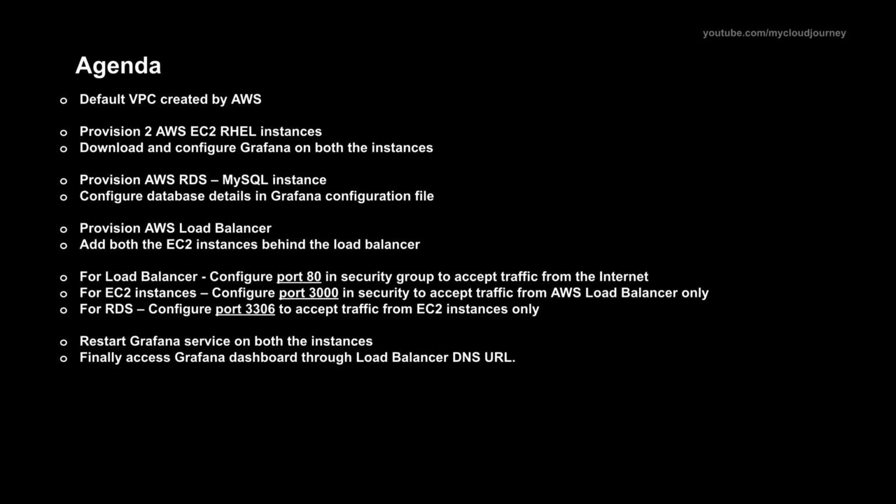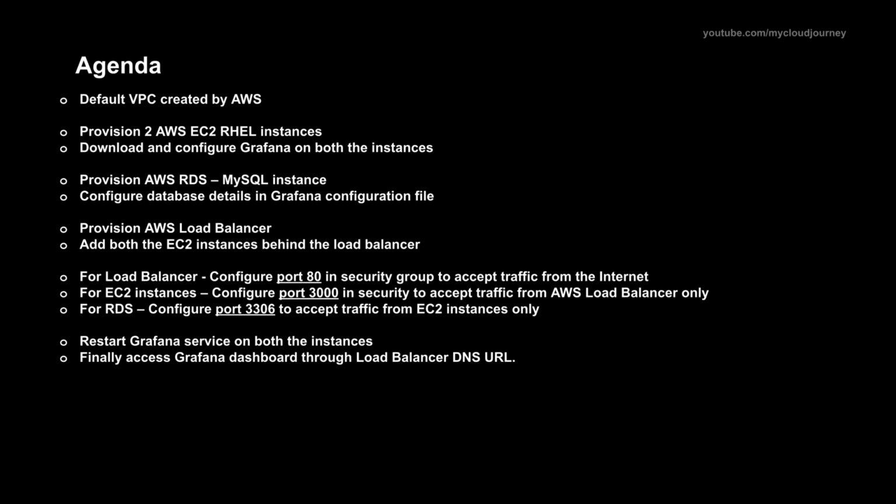We'll download and configure Grafana on both instances. We'll provision an AWS RDS MySQL instance as a shared database. We'll capture the database configuration and configure it in the grafana.ini configuration file. We'll provision an AWS load balancer and register both EC2 instances behind it to distribute the load.